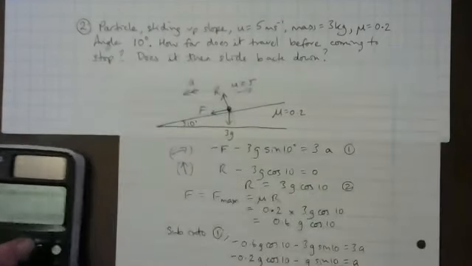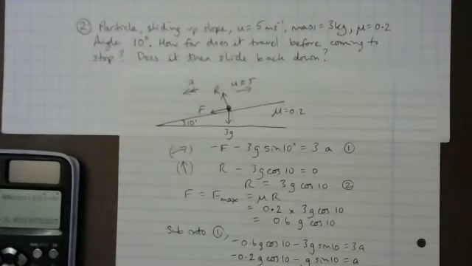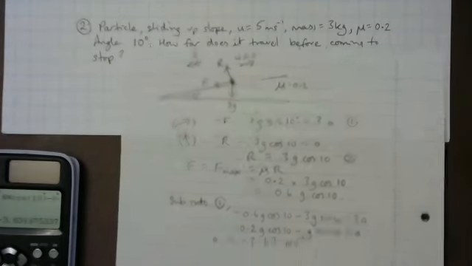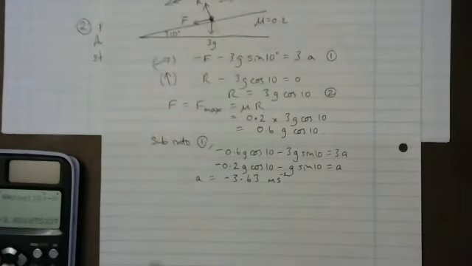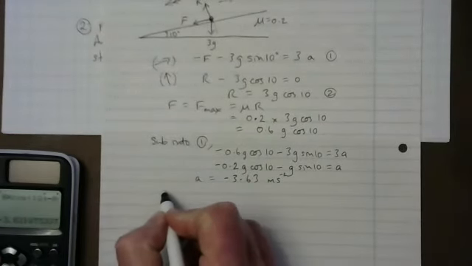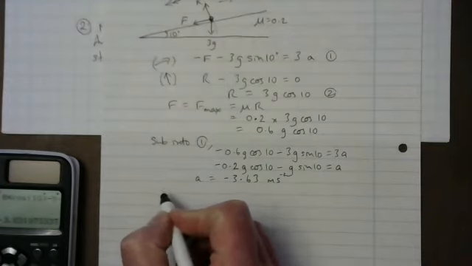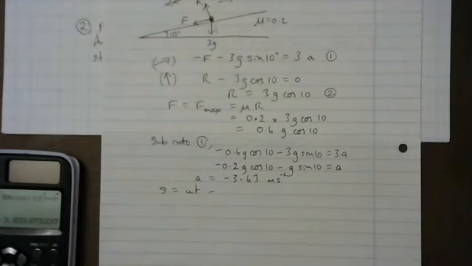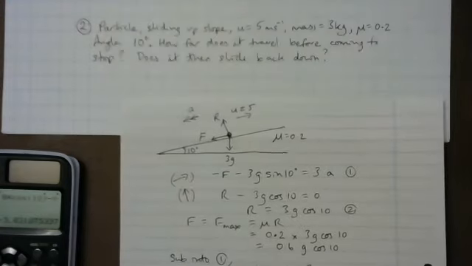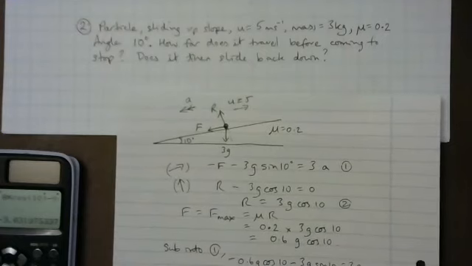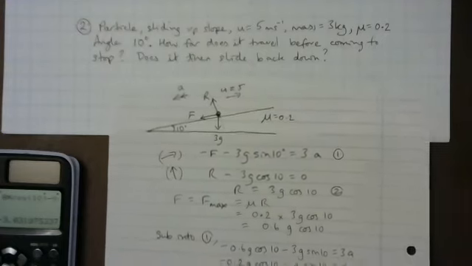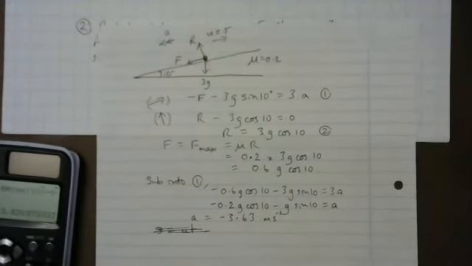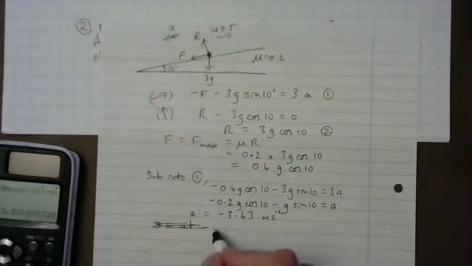That's the first bit. Then I found the acceleration. How far does it travel before coming to a stop? Equation of motion. S equals ut plus half at squared, I think. Oh, sorry, I'm not looking for time here, it just wants the distance, so I'm not going to use that equation. I know when it comes to a stop that v equals 0.